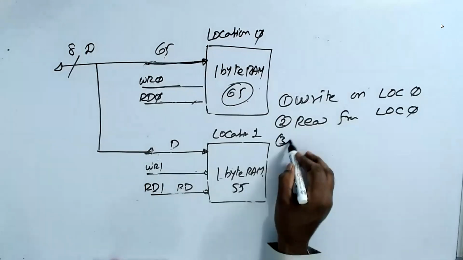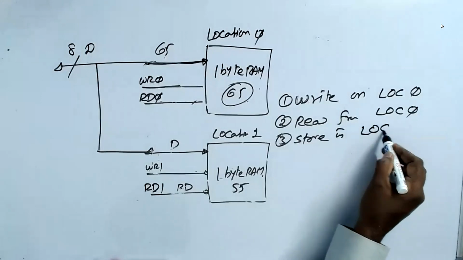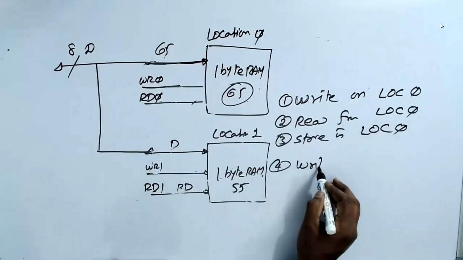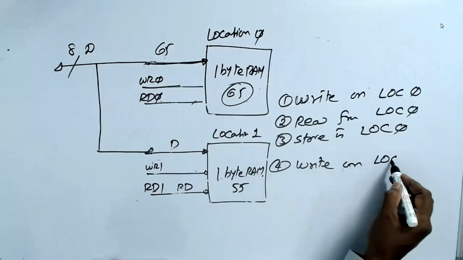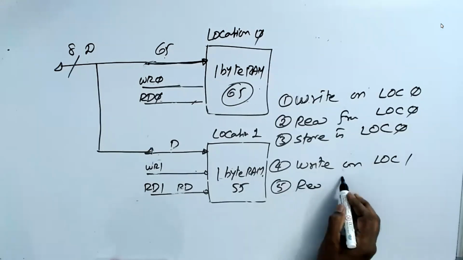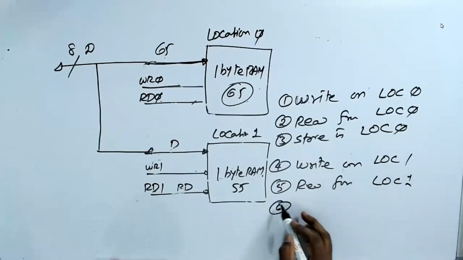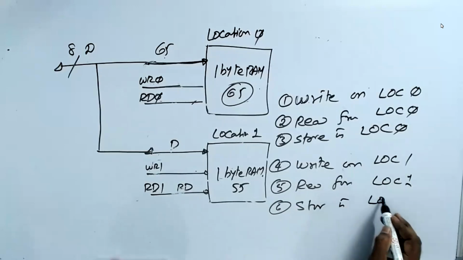And third one is store in location 0. And fourth operation, write on location 1. Fifth operation, read from location 1. 6, store in location 1. See that?